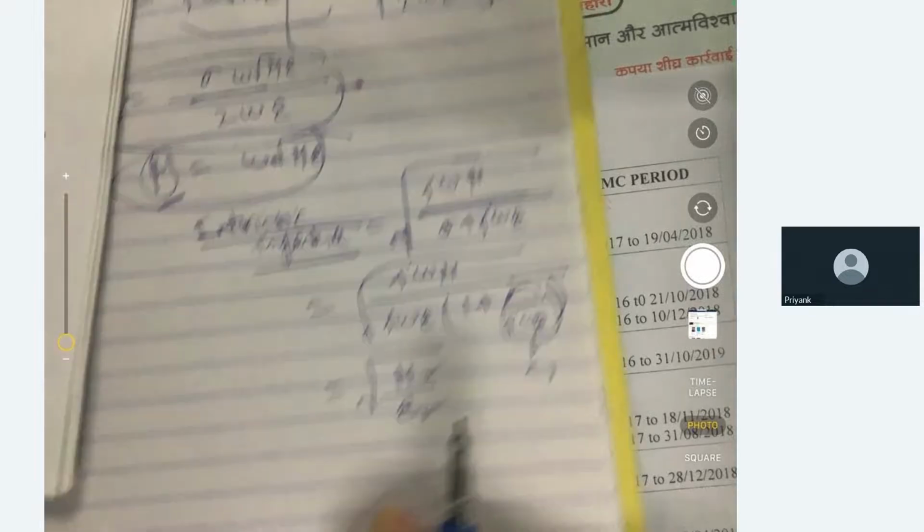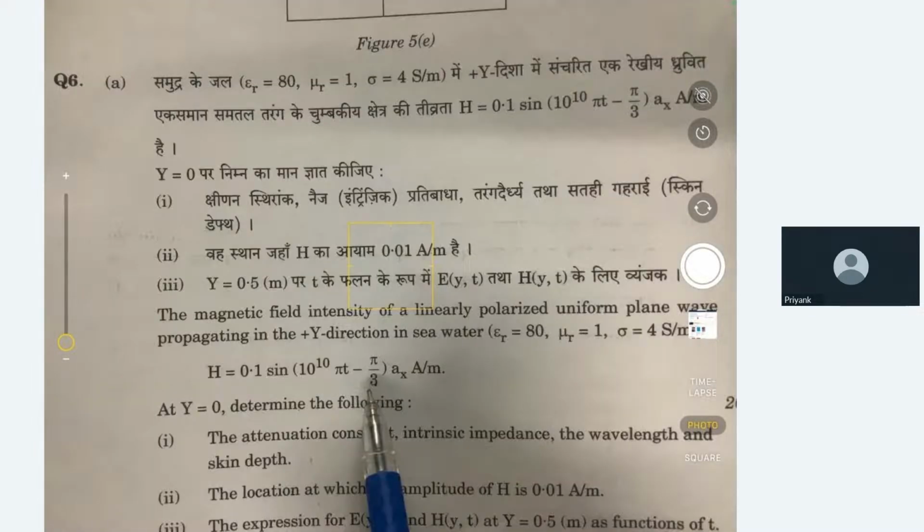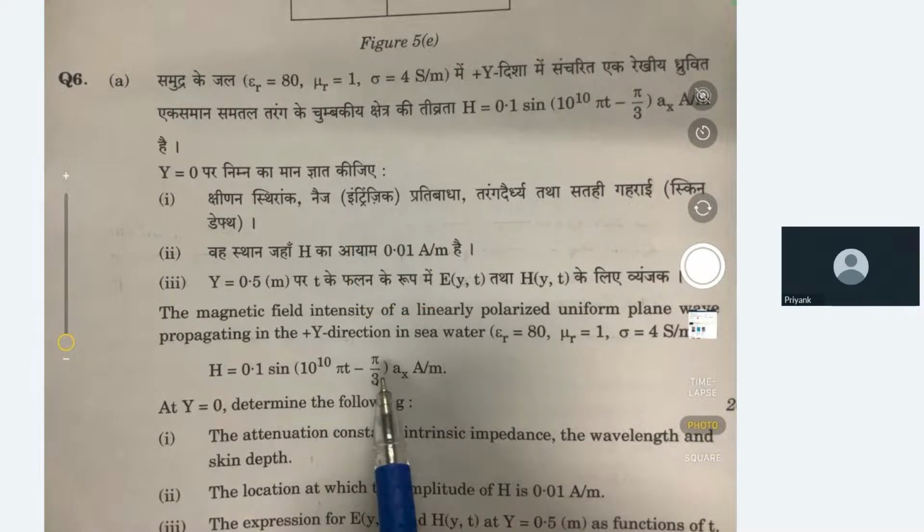The third part is asking for the wavelength. I may have made a mistake in calculating the wavelength, because I took this pi by 3 as beta, but it is not beta, because beta is not given in this question. It is an offset phase.